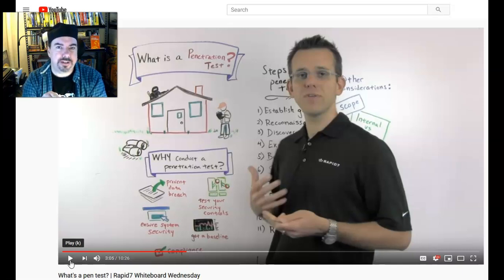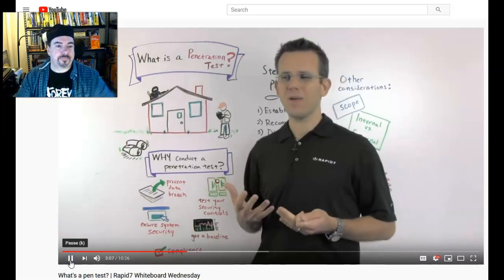Notice here that a pen test is partially a test of technology, but it's also a test of people, right? And process, because you're trying to see how long it takes your security team to catch the intrusion, to recognize it as an incident, and initiate their incident response plan, IRP, that we've talked about previously.